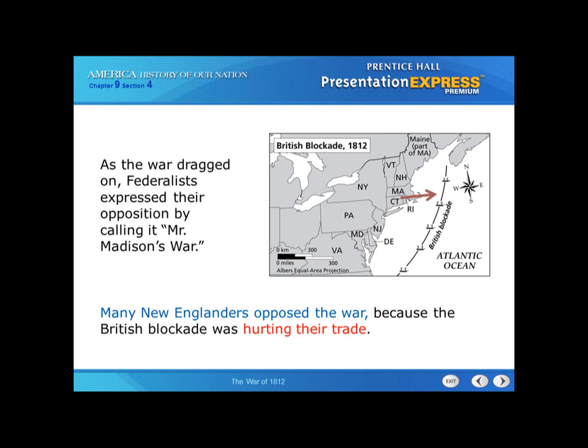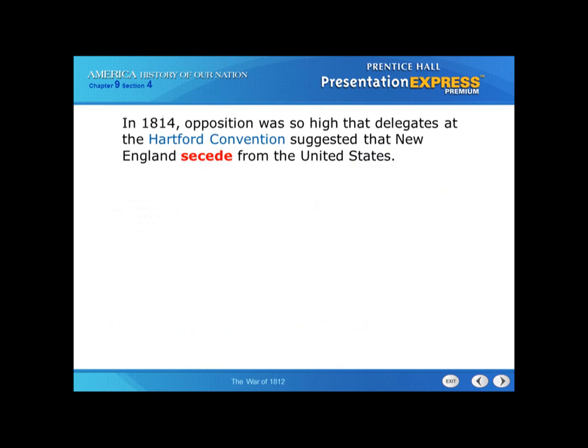Many New Englanders opposed the war because the British blockade was hurting their trade. Remember, the North was known for manufacturing. Many Federalists lived in the North, and they were upset by this British blockade because it was hurting their business and their trade. So the Federalist Party was not as comfortable with this war as the Republican or Anti-Federalist Party.